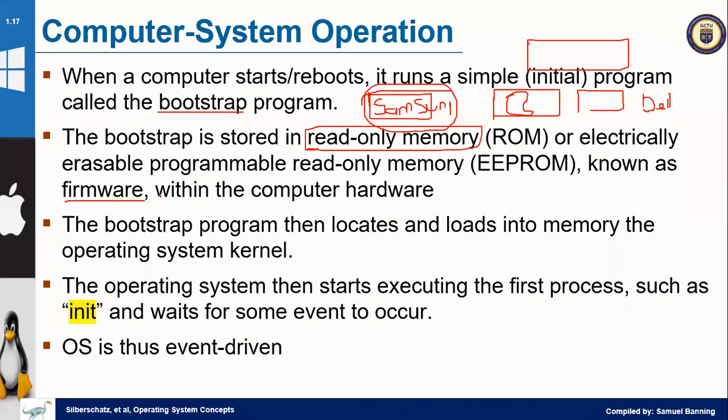Now, when you install the operating system, it is stored on the hard disk. If you have 128 GB of memory on your phone, your operating system is stored in the 128 GB memory location. If you have 64 GB, your operating system is in the 64 GB. So at the time of the bootstrap, the operating system is still lying in the hard disk.